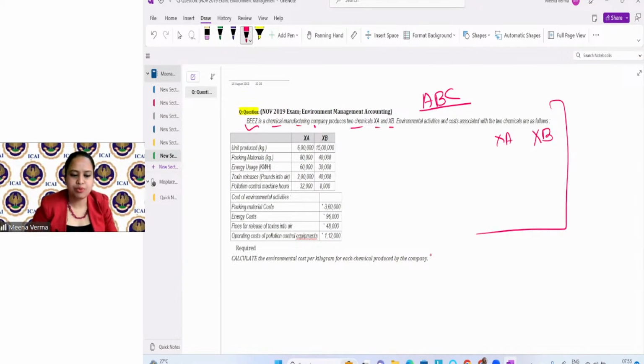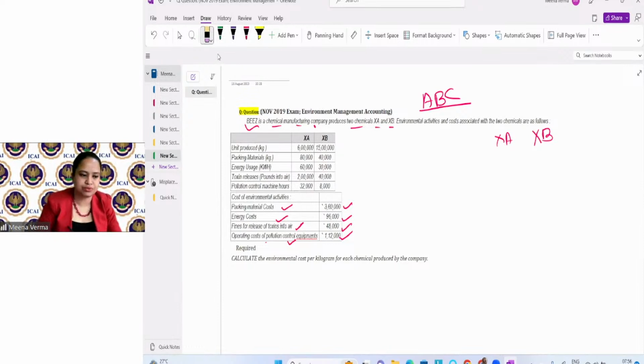The environmental activities and the costs associated with the two chemicals are: packing material cost, energy cost, fines for releasing toxic material in air, and operating cost of pollution control equipment. So these are the different costs here.